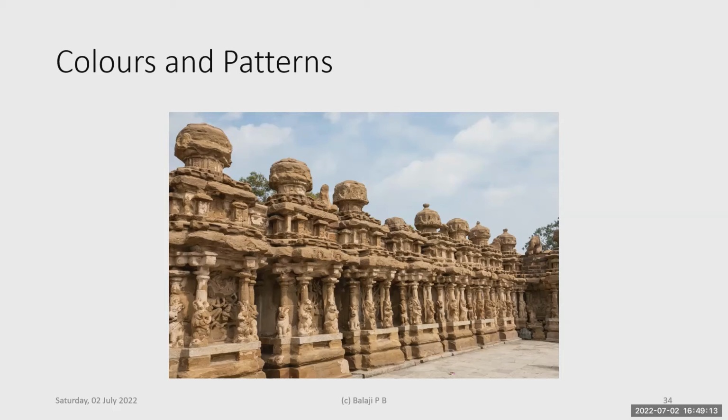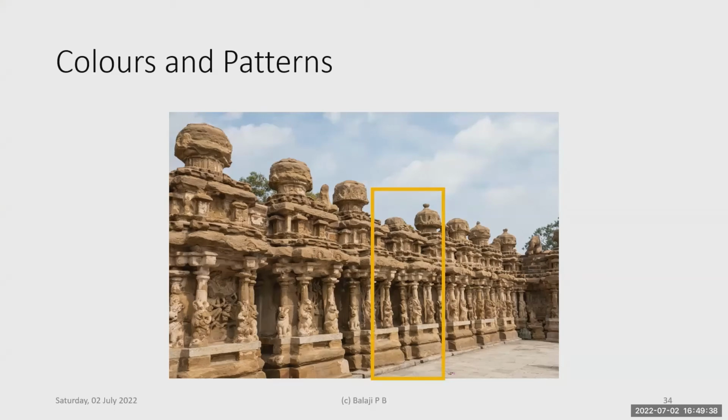This has a very repeating pattern, but in one of the temples, the gopuram is missing, or it has been damaged. So immediately the viewer's attention is drawn towards the one structure where the pattern is disrupted.